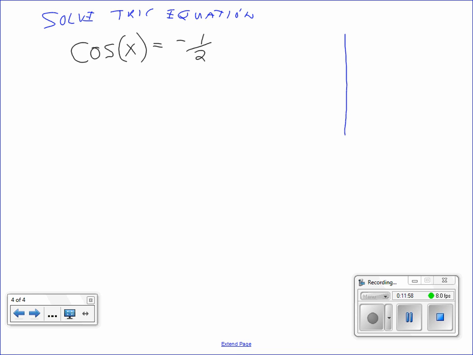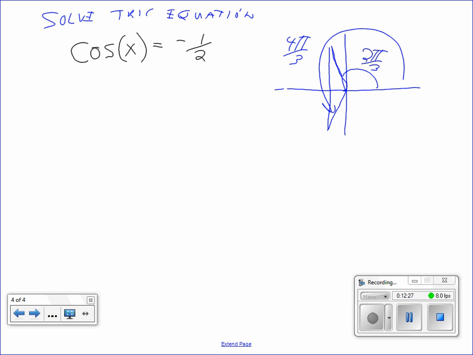If I look at where the cosine is 1/2, it's negative. I got this angle here, right? And that is what? Well, this is pi over 3, so this is 2 pi over 3. And then I could have this angle too, or 4 pi over 3.